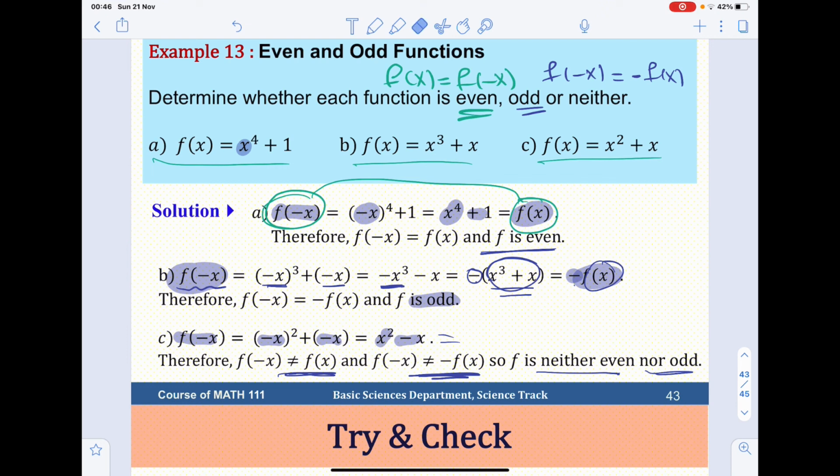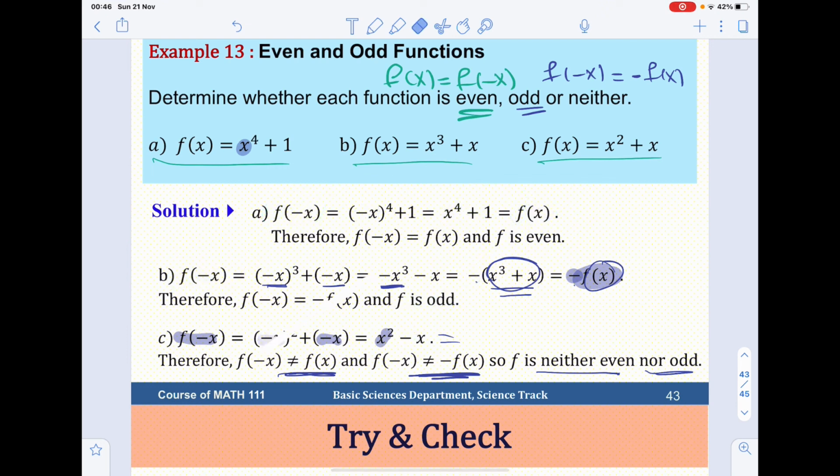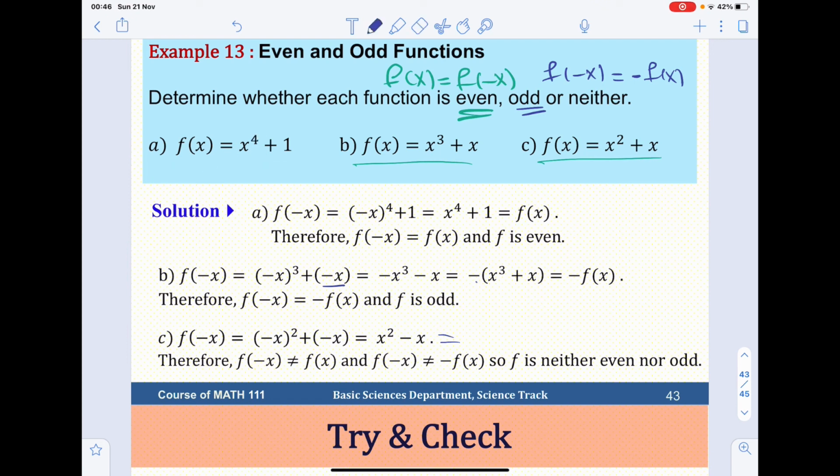Now I have another rule you can follow in some specific situations, not all situations. In case you have something like this, you can look at the power of x. For example, this one, you can write as x to the power 4 plus x to the power 0, because anything to the power 0 equals 1.